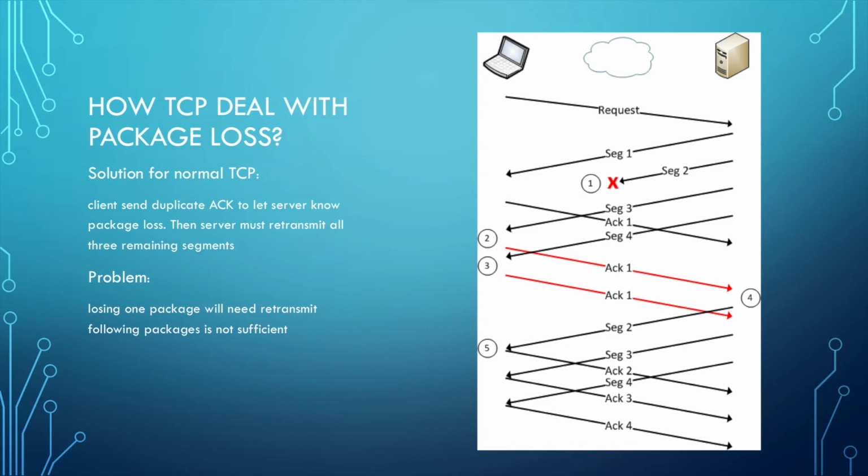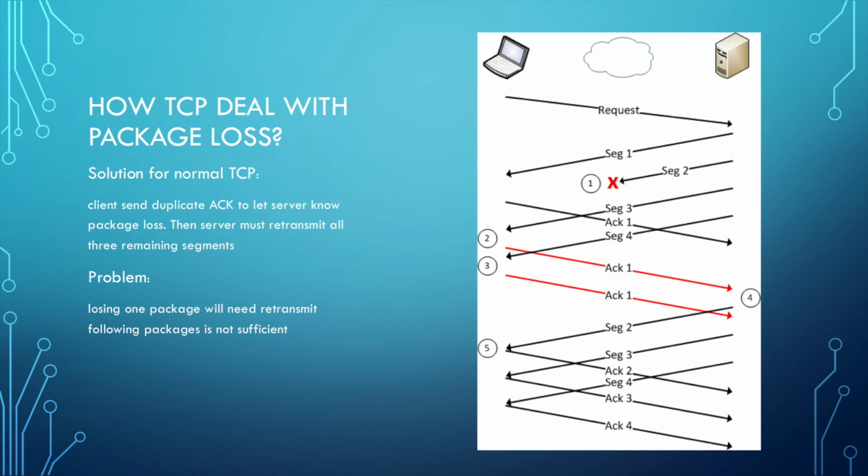The client will check the sequence number and find that segment 1 was received and currently segment 3 was received. So the client will send ACK 1 to the server. And if another segment 4 is received, the client also sends ACK 1.